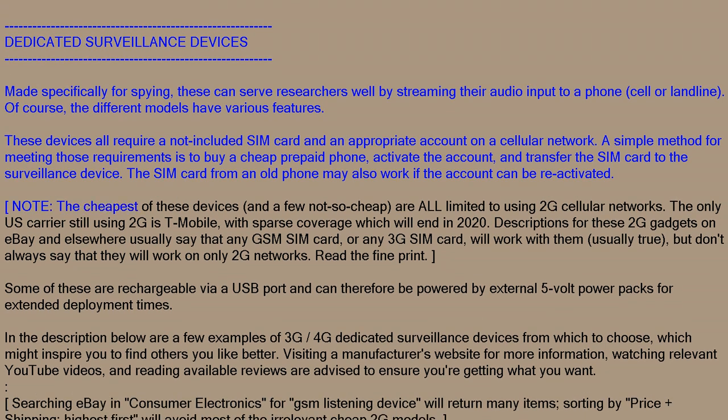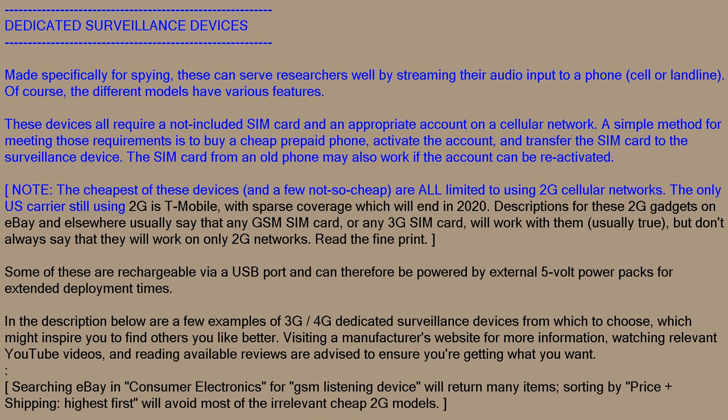Note, the cheapest of these devices, and a few not so cheap, are all limited to using 2G cellular networks. The only U.S. carrier still using 2G is T-Mobile, with sparse coverage which will end in 2020.